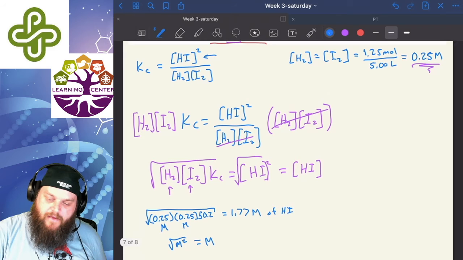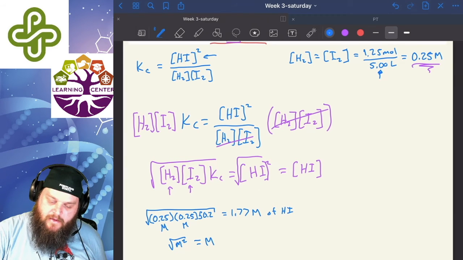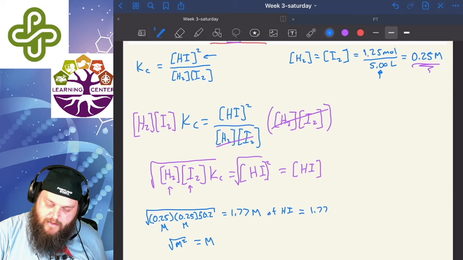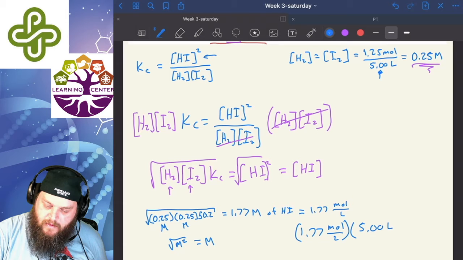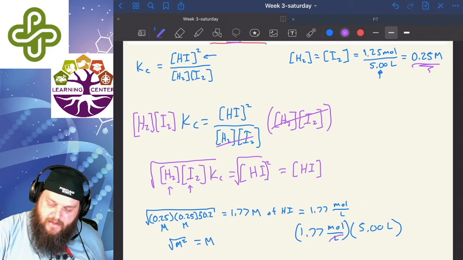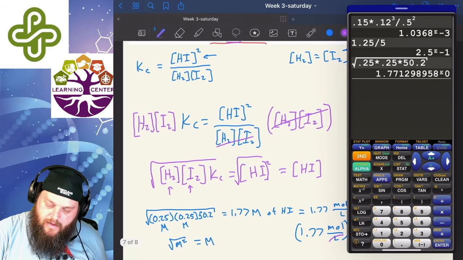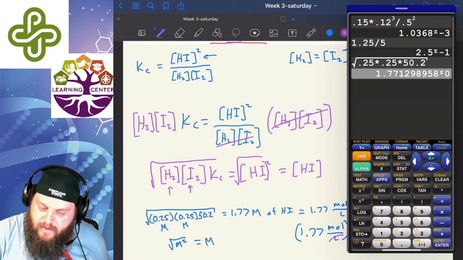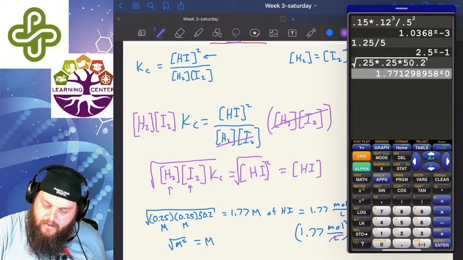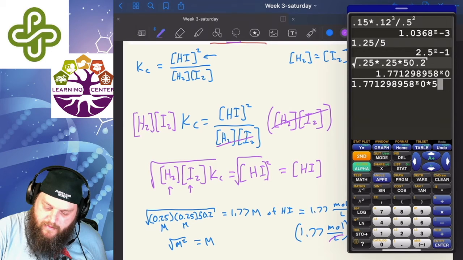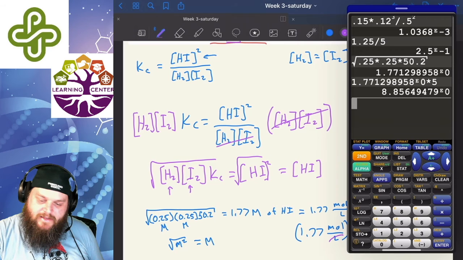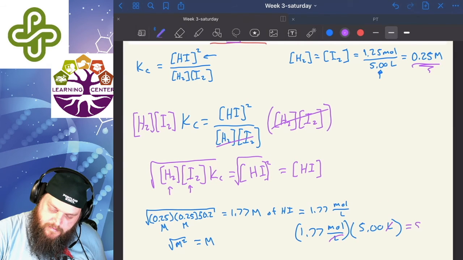So we know we had a 5-liter flask. Since this is equal to 1.77 moles per liter, we can take that 1.77 moles per liter and multiply it times 5.00 liters. We can see the units cancel out to give us moles, and that number times 5 gives us 8.86 moles of HI.